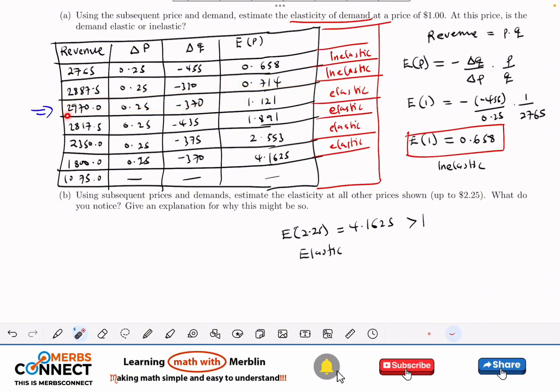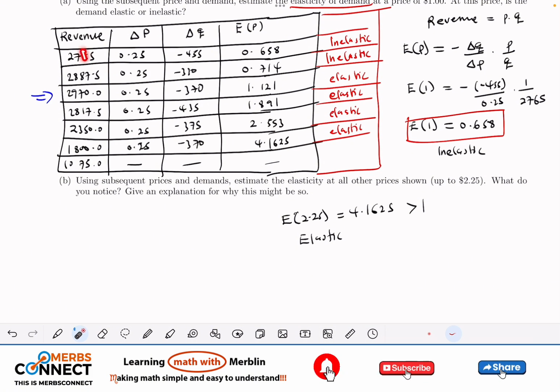So highest revenue 2,970, and then the elasticity is 1.121, and it is elastic.